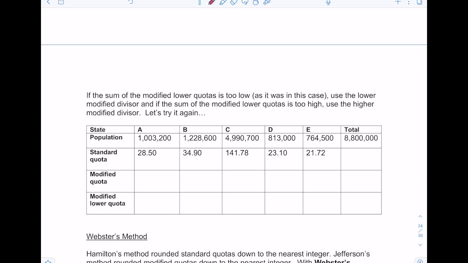I'll put that here. Okay, so what we're going to do now is we're going to divide by 34,900. So a little less than the modified divisor that we used. So now we're going to take each of the populations, we're going to divide by 34,900. Okay, and you'll get the following.